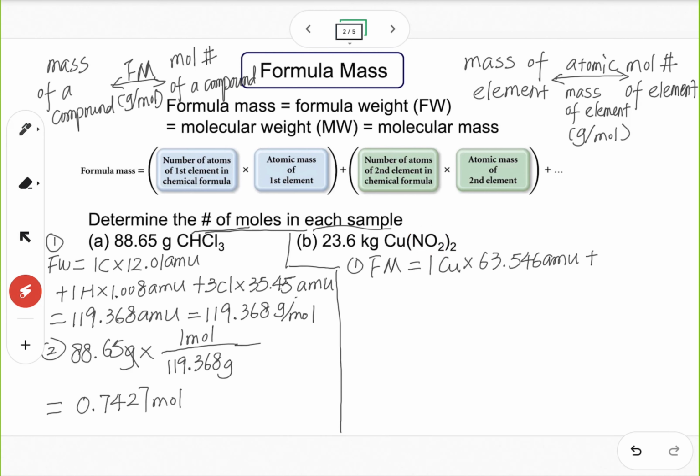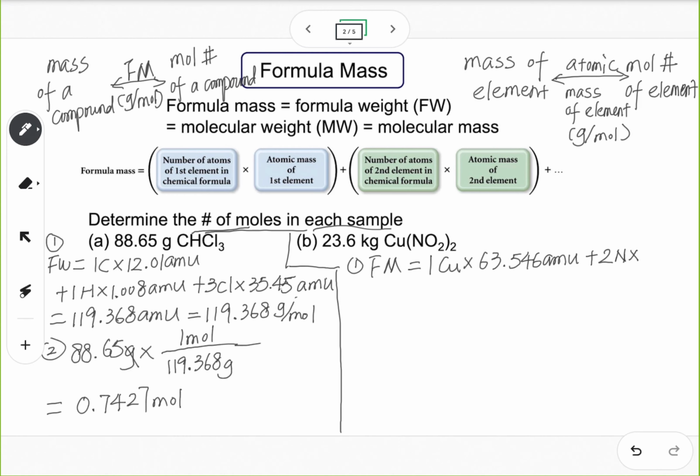Each NO2 has 1 nitrogen, but in this compound you have 2 NO2. Therefore, you have 2 nitrogen. So essentially it would be 1 here times 2 equals 2. That's how we come up with the 2 nitrogen.